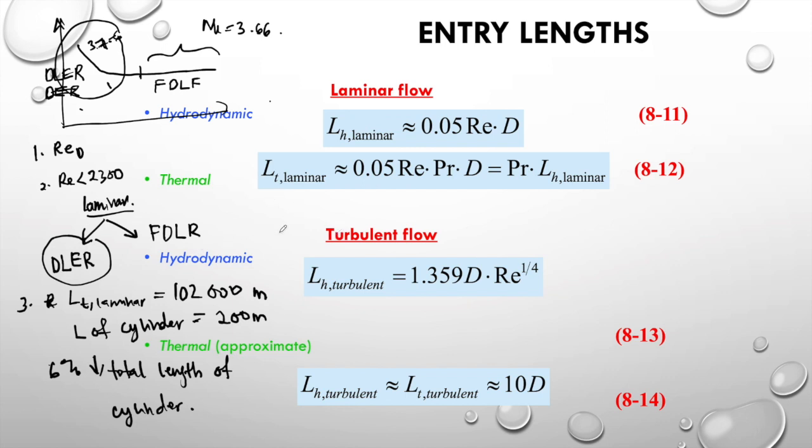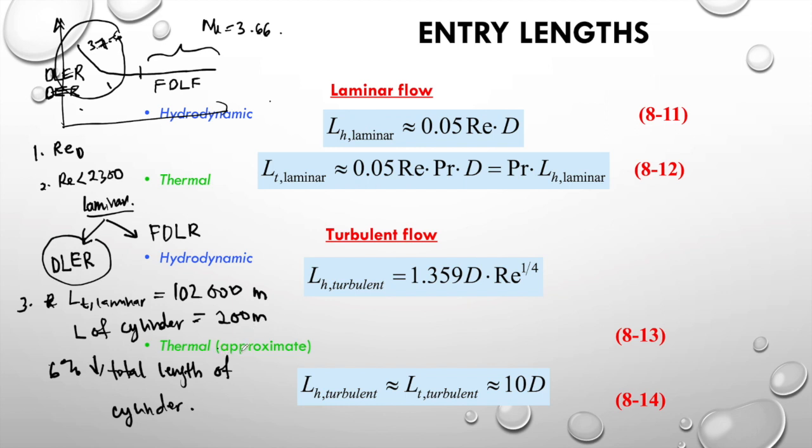If your Reynolds number is turbulent, you cannot simply say that it is a turbulent flow, because there is a developing laminar flow in an entrance region, and as I mentioned before, the entrance region is normally laminar flow.